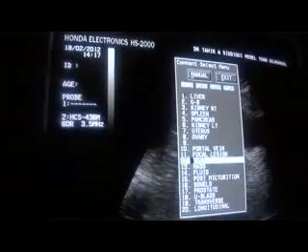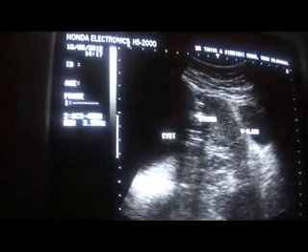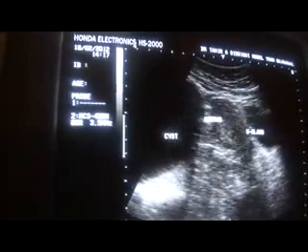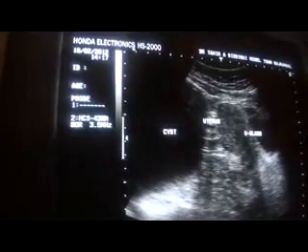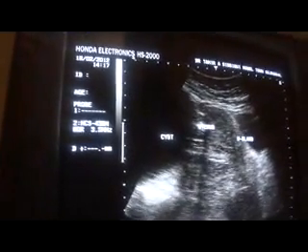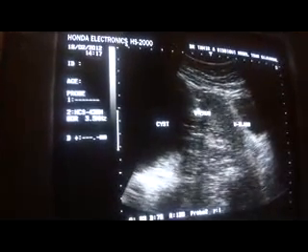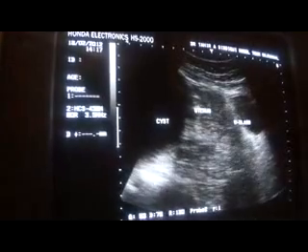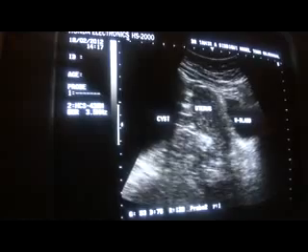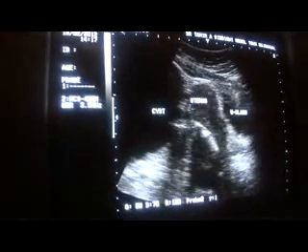And this is a cyst that you can see is black totally because of fluid, and you can also see acoustic enhancement, or posterior strong back wall of the cyst. We will follow the cyst later on.